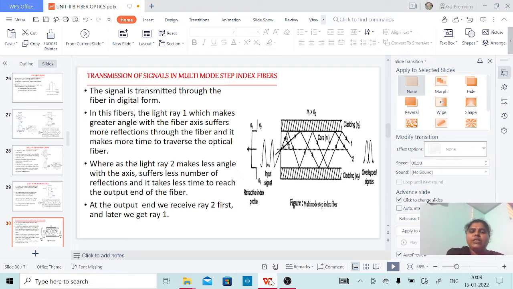Whereas ray 2 makes less angle with the axis, so the number of reflections will also be less and it takes less time to reach the output, that means the end of the fiber. So at the output end we receive ray 2 first and later we get ray 1, because ray 1 takes multiple reflections and ray 2 takes smaller reflections compared to ray 1. So ray 2 will reach the output first.